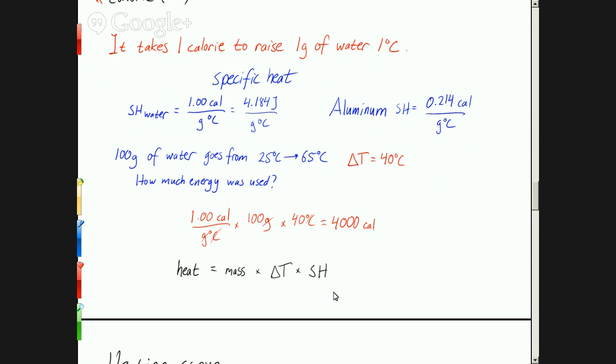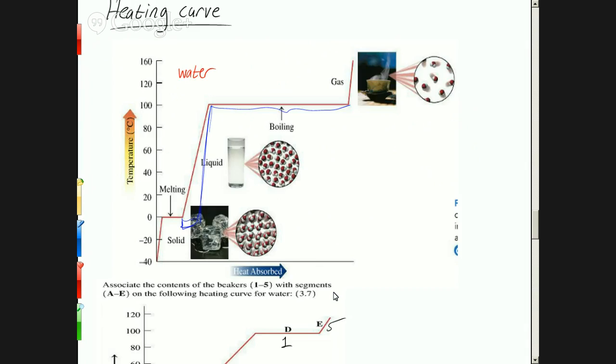So we have an empty beaker. Let me draw a picture here. It weighs 45.897 grams.